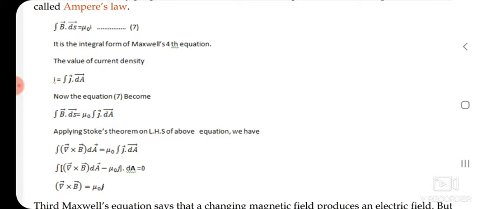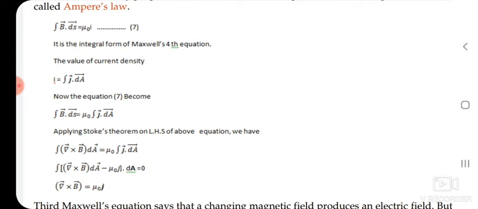Now, by using Stokes theorem on the left hand side, we change the line integral into a surface integral. Then the equation becomes the integral of del cross B dot dA equal to mu naught times the integral of J dot dA.